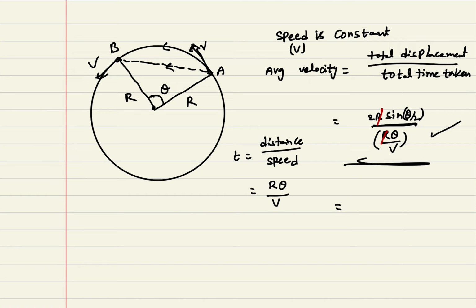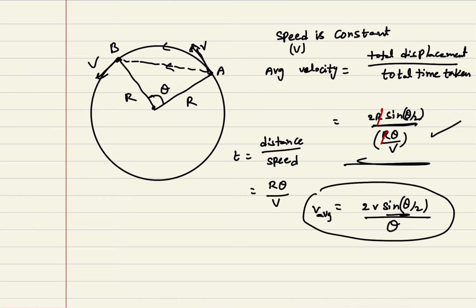If you want to write the further value, we can see r and r get cancelled. Finally, I get 2v into sin theta by 2 whole divided by theta. Don't cancel these theta and theta, because theta is there in terms of the sine. Suppose theta is 120 degrees, I will write one example.